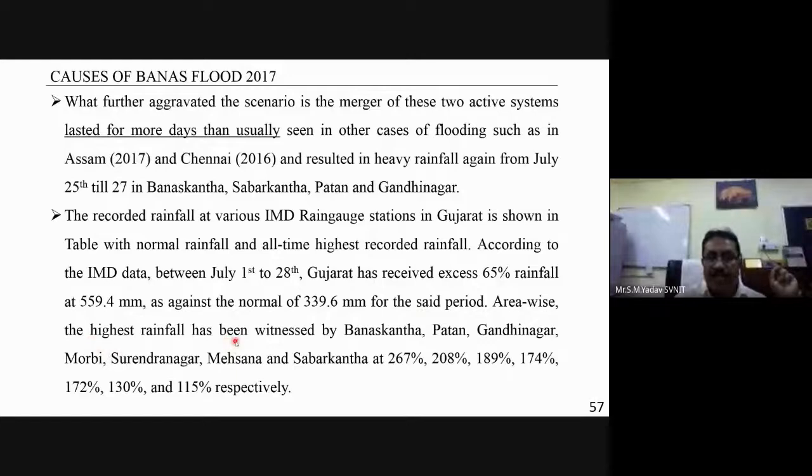Area-wise, the highest rainfall was witnessed by Banaskantha, Patan, Gandhinagar, Morbi, Surendranagar, Mehsana, and Sabarkantha in order of 267%. Banaskantha, the study area region, received 267% more rainfall than the normal rainfall during this period. That is 208%, 189%, 174%, 172%, 130%, and 115% respectively.